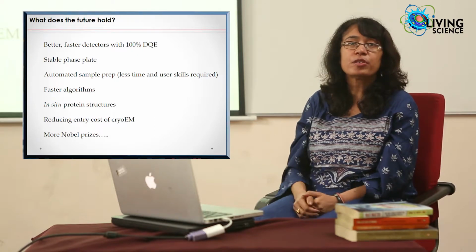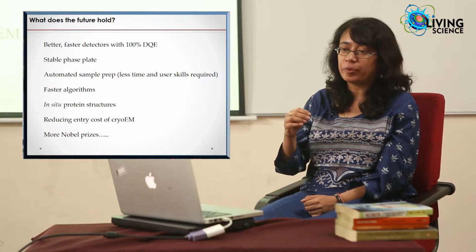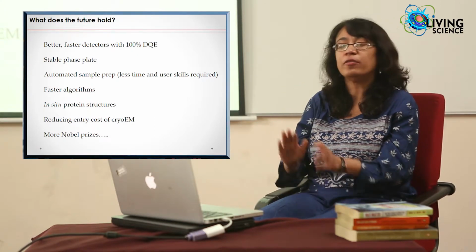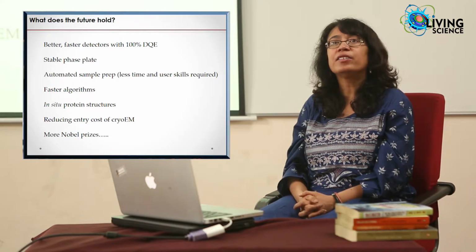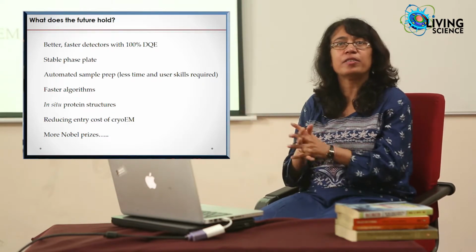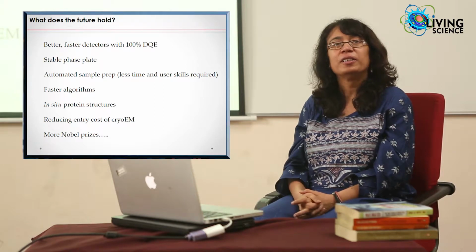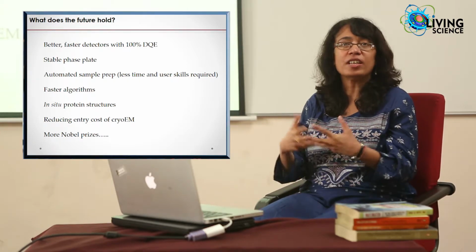Faster algorithms, and going from in vitro protein structures to in situ protein structures. And this is an expensive technique. I didn't go into that, but the instrumentation and associated requirements are fairly cost intensive. So how to reduce the entry cost of cryo-EM, and hopefully in future more Nobel Prizes.